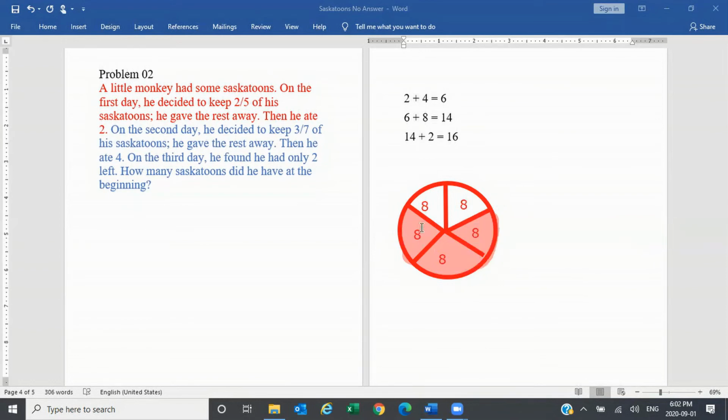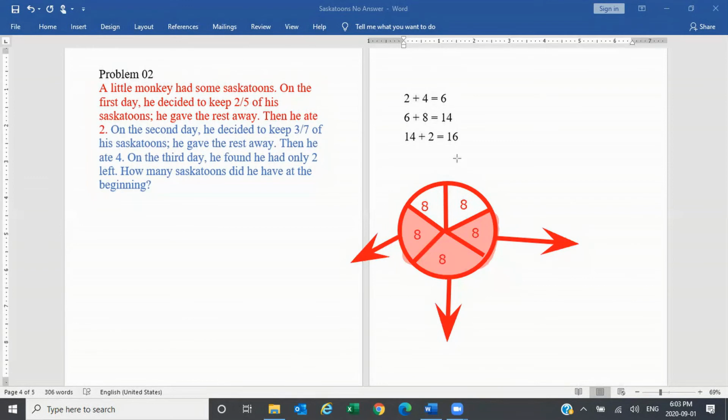Okay, that's good. So we can see that each piece represents 8, and these are the ones he gave away. So again, we're going to do the arrows, just to show that he gave it away. And we can see that he has 16 left. He has 2 pieces, and each one represents 8. 8 plus 8 is 16. So we really know that he has 16 left.